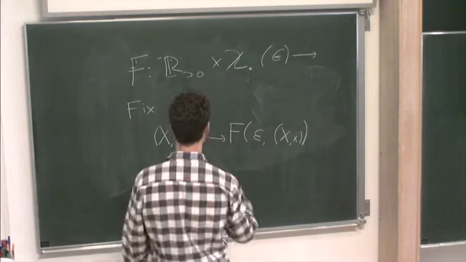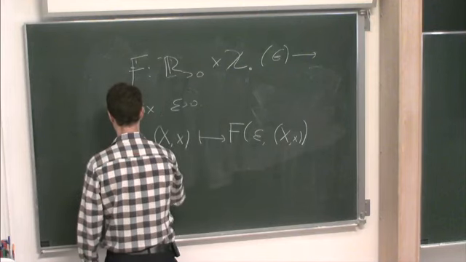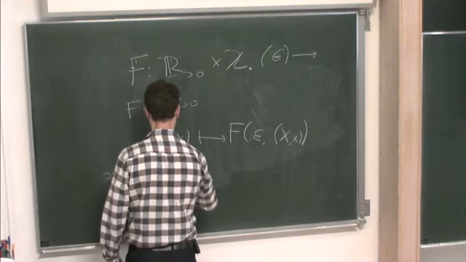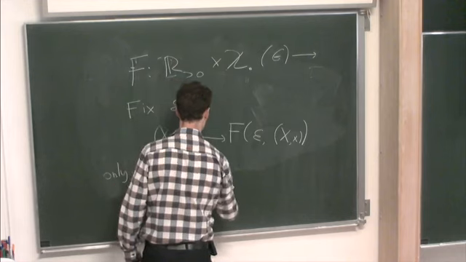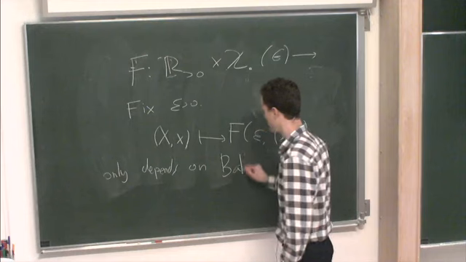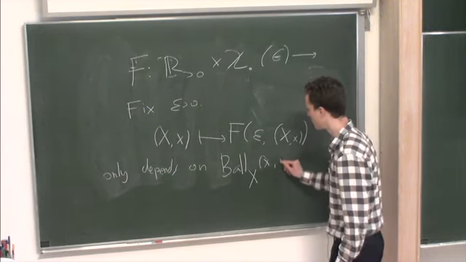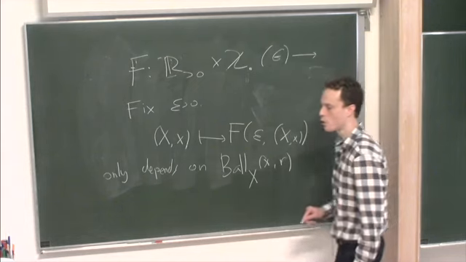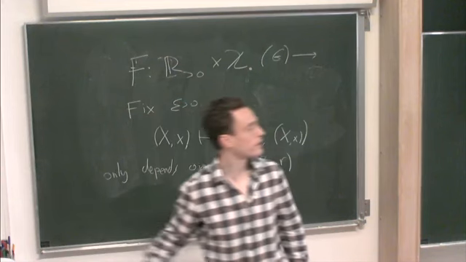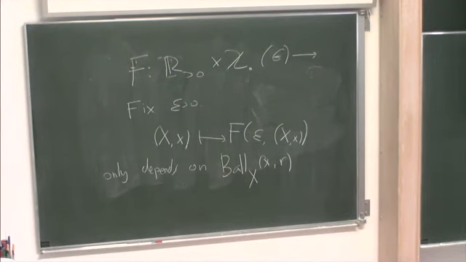If, in fact, it only depends on the ball in this G-set around the distinguished point of radius r for some constant r. So it's not really a function of the G-sets whenever I fix epsilon, but only a function of some ball in the G-set of constant radius.